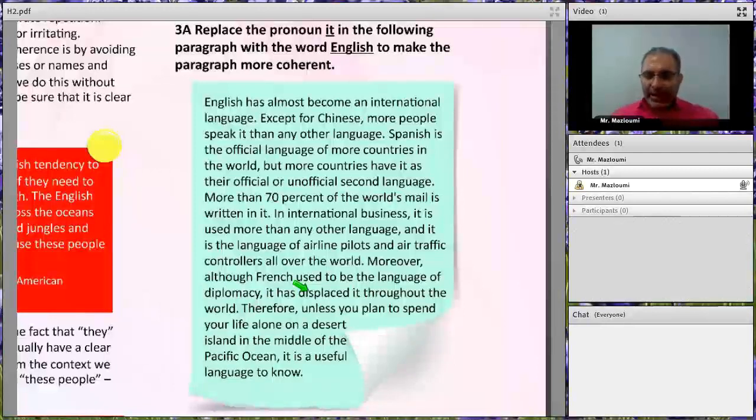Take the place of something or someone. Displace, replace. Throughout the world means all over the world. Everyone, desert here is an adjective. It means isolated. It means in a remote, in a far area. So, desert island means a remote island, an isolated island.